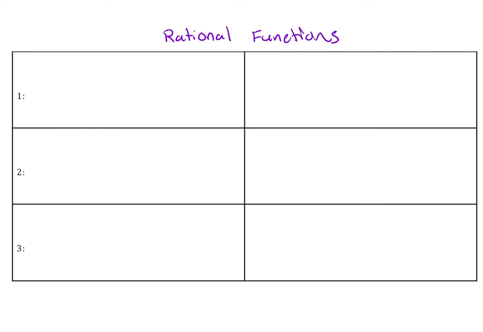So first rule is if there is a higher power in the numerator of a rational function. So that would just look like x to the 4th plus 2 over x squared minus 1, for an example.